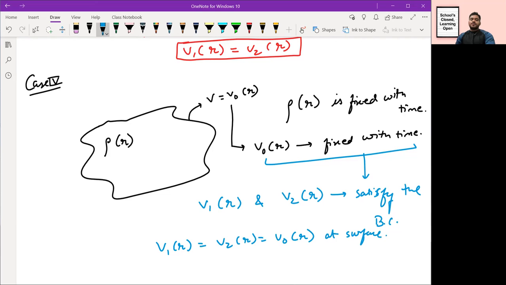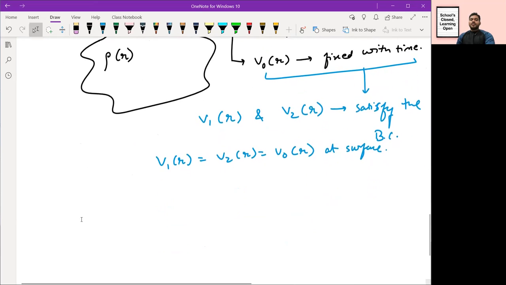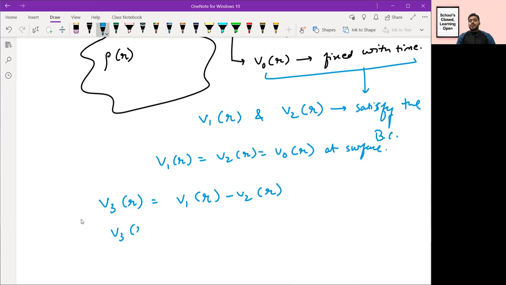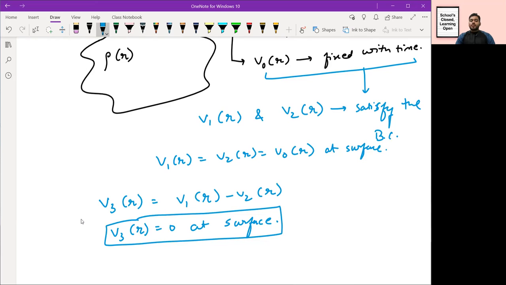Again, let's define V3(r) as the difference of V1(r) minus V2(r). The first thing that we are going to write is V3 is going to be 0 at the surface. Correct? V3(r) is going to be 0 at the surface.